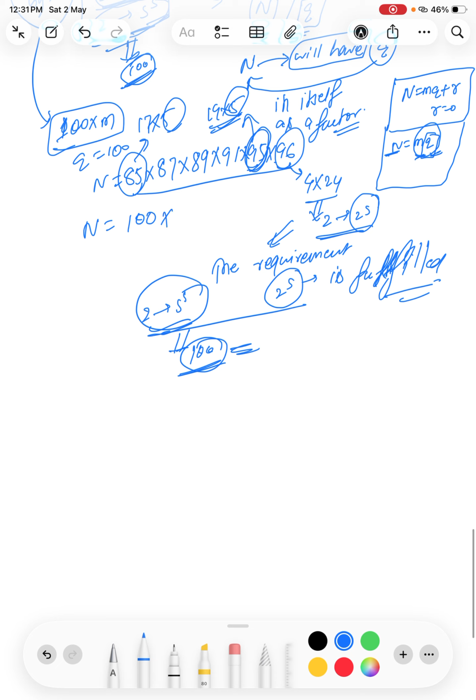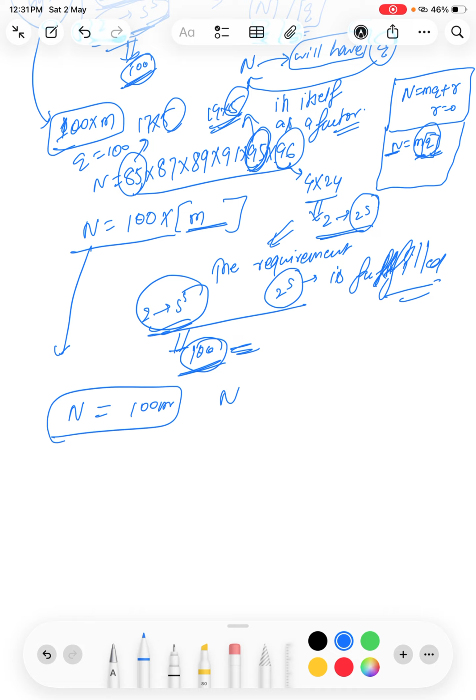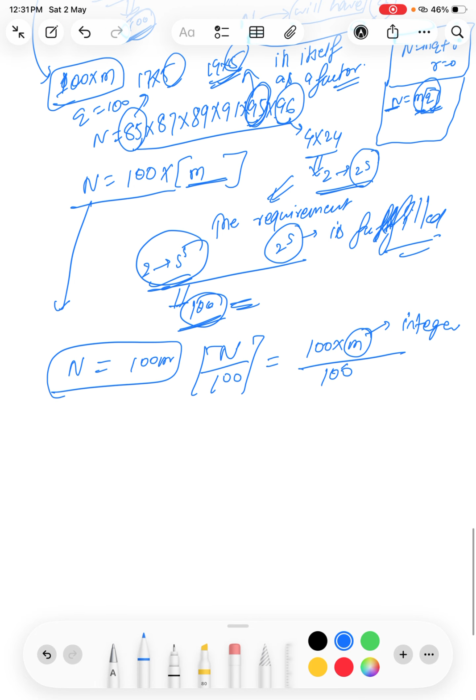It means we can write N as 100 times some number. Let's say that number is M. So N is nothing but 100M. If we divide N by 100, what will we get? 100 into M, where M is an integer, divided by 100.